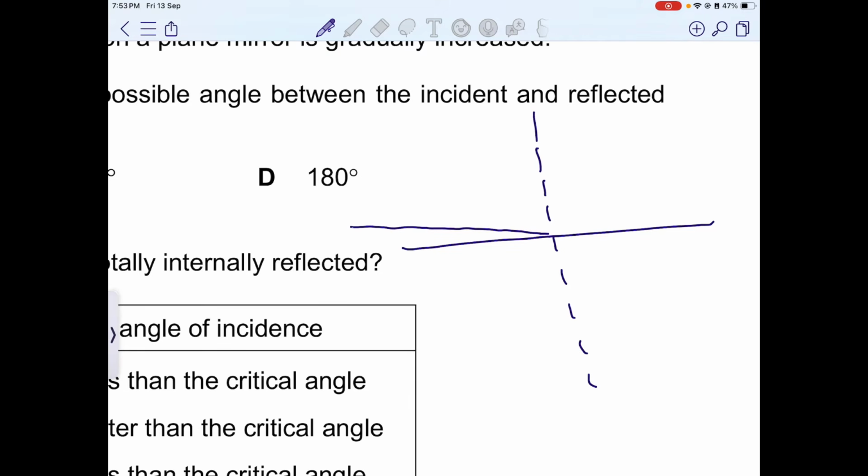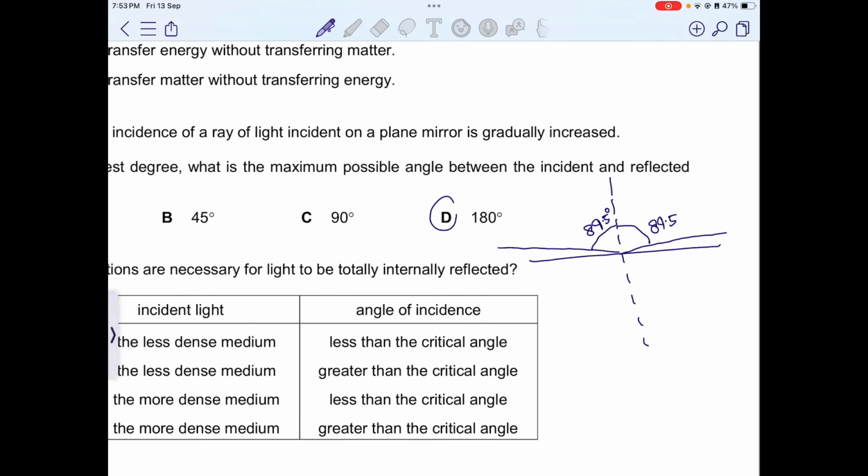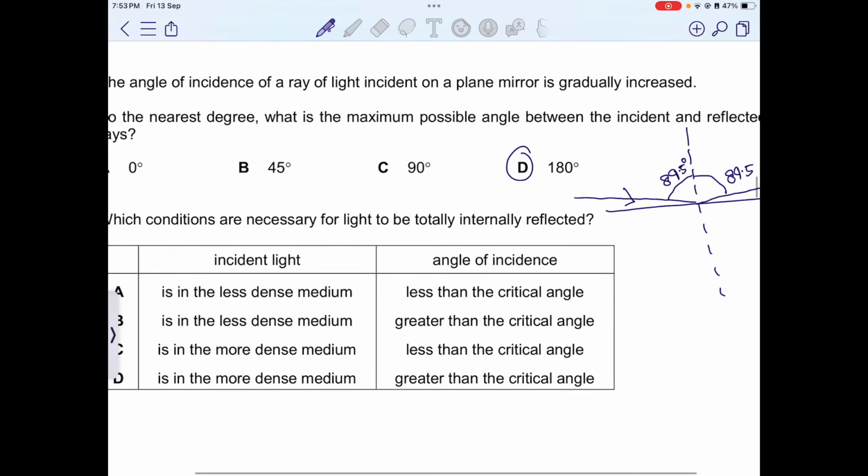This would go here. Then suppose that this angle is 89.5. The whole is 90 and this is 89.5, and this is also 89.5. So when you round them up, it would be 90 and 90, and 90 and 90 adds up to 180 degrees. This is the angle of incidence and this is the angle of reflection. I hope this is clear.